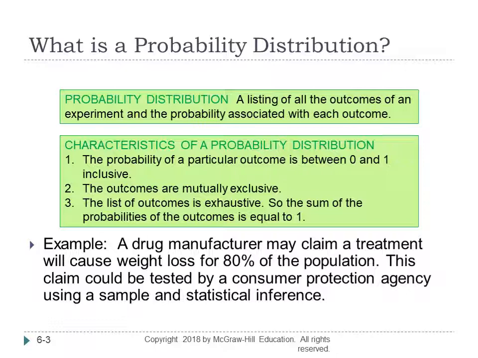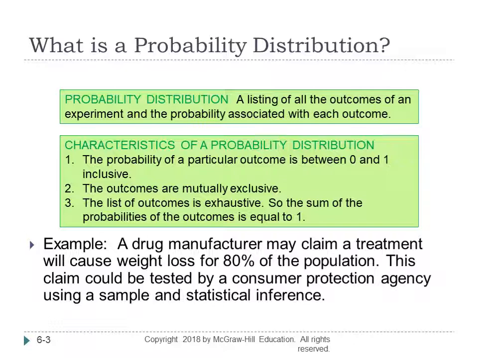That means that when you conduct the experiment, one of the outcomes will occur. The listing of all outcomes is exhaustive. It covers all the possibilities. And as a result, the sum of all probabilities of the outcomes is always equal to 1.